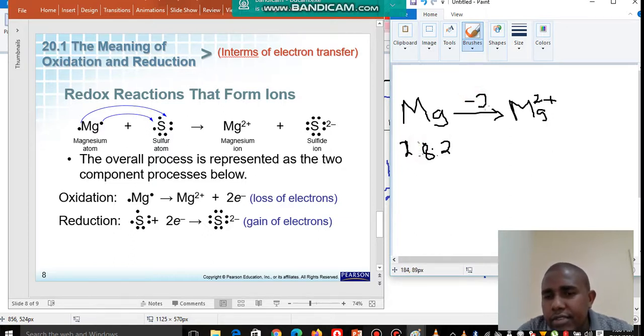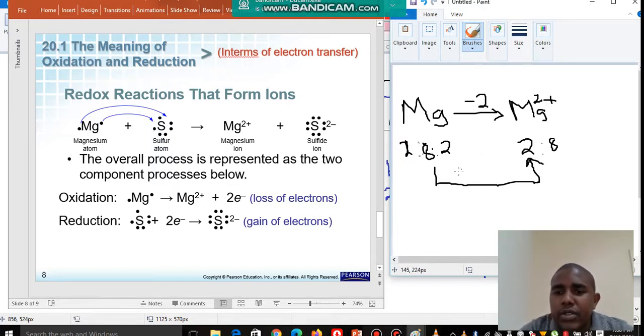But when it gave its 2 electrons to sulfur, it turned out to have only 10 electrons. So because magnesium has lost its 2 electrons in forming the magnesium ion, which is alternatively termed as the process of electron loss, we say this is oxidation. So magnesium has been oxidized to magnesium ion.